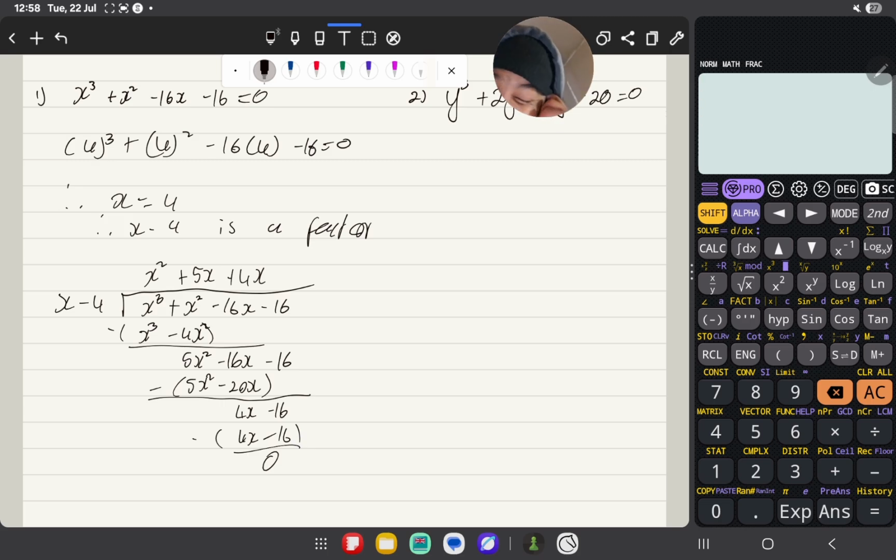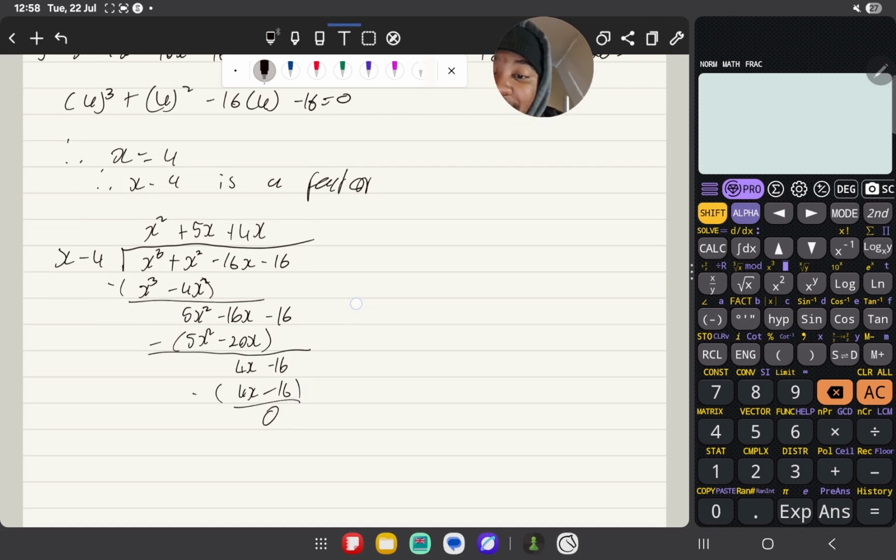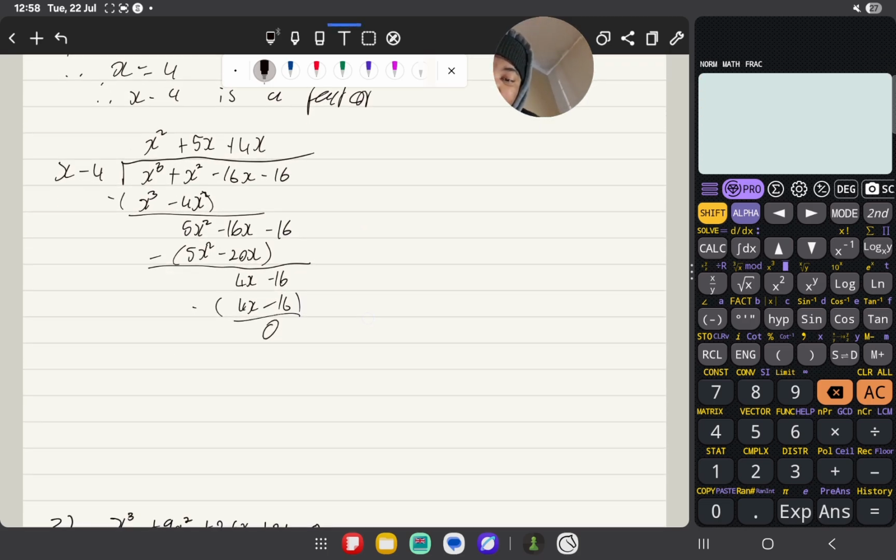So confirming also what we did say, that x minus 4 has to be a factor. So now this equals 0, then you would say therefore x minus 4 into x squared plus 5x plus 4 equals 0.